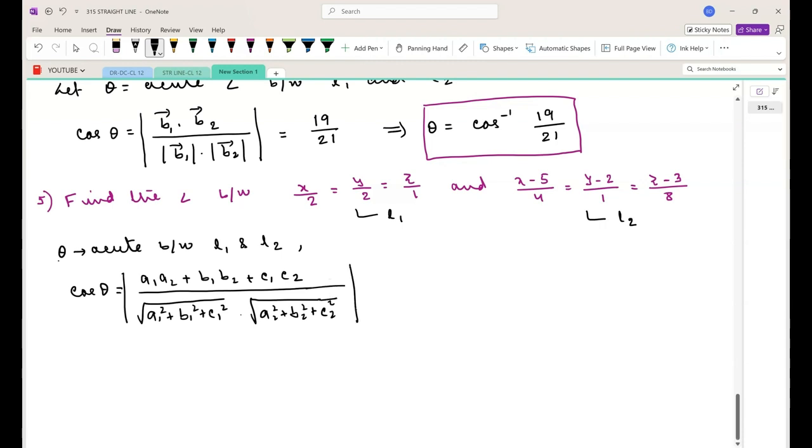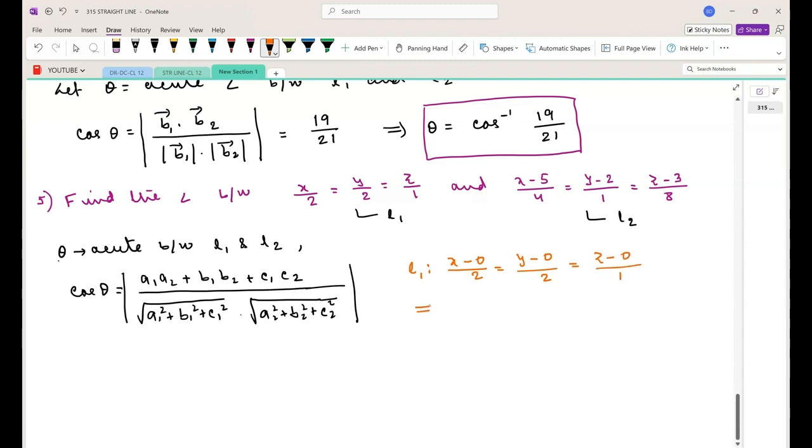So we need these values A1, A2. Now to get them, remember our lines have to be in the standard form. So first let us convert them to standard form. For line L1, if we write it in the standard form, it is x minus 0 by 2, y minus 0 by 2, z minus 0 by 1.